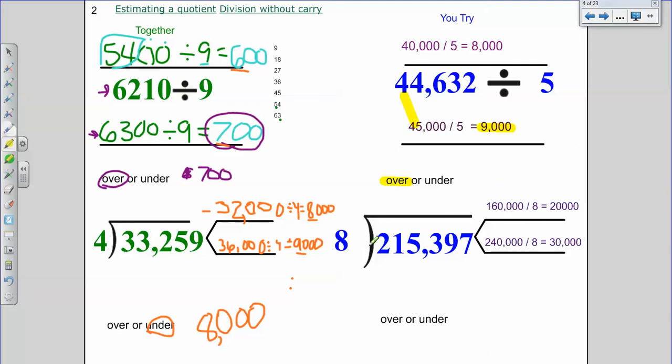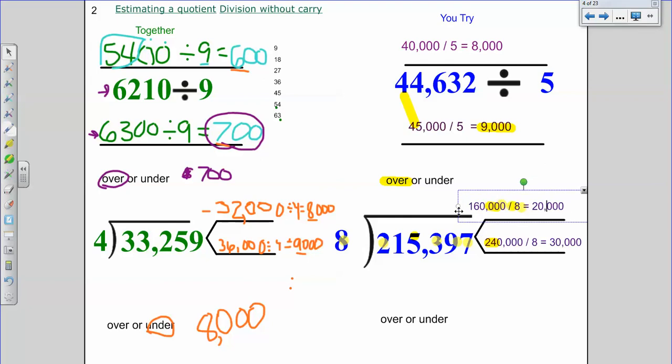All right, now this one was tricky, so hopefully we did all of our zeros correctly. So 215,000. My multiples of 8 are going to be 16 and 24. Notice I'm going to have 1, 2, 3, 4 zeros when I'm rounding, which means in my answer, I'm also going to need 4 zeros.